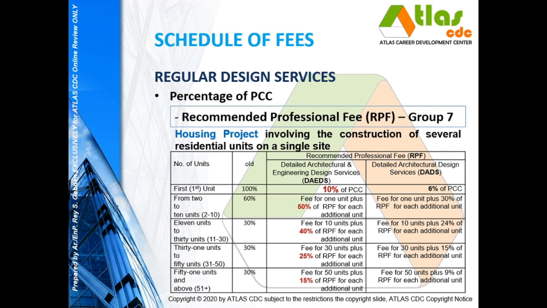Let us now go to group 7. This is for housing projects involving the construction of several residential units on a single site, no? Let's say a subdivision, and you are to do different house models, and for each house model the client will be constructing many units.